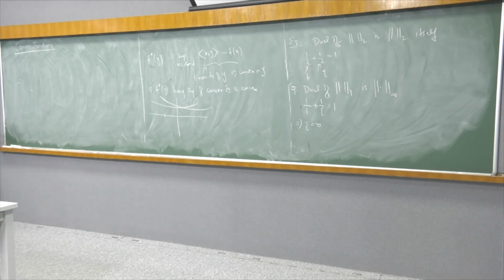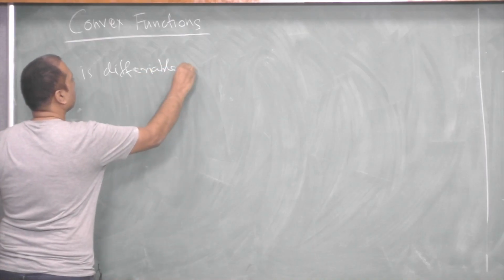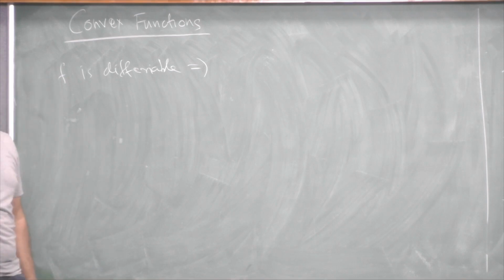Okay, so if we look into differentiable functions, right? So if f is differentiable, then this means that at any point x I can compute the derivative and it's unique, right?